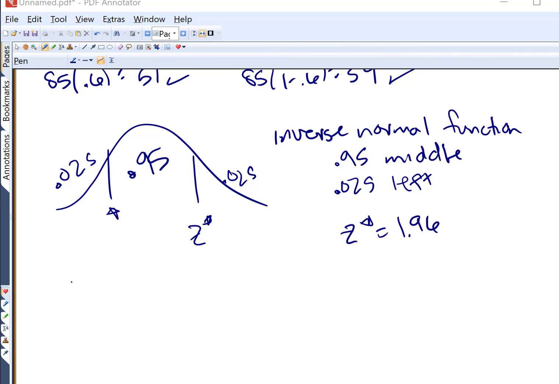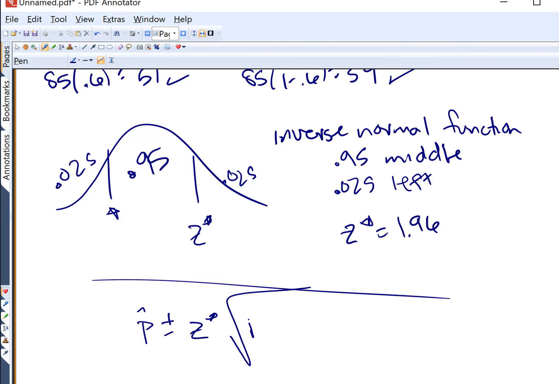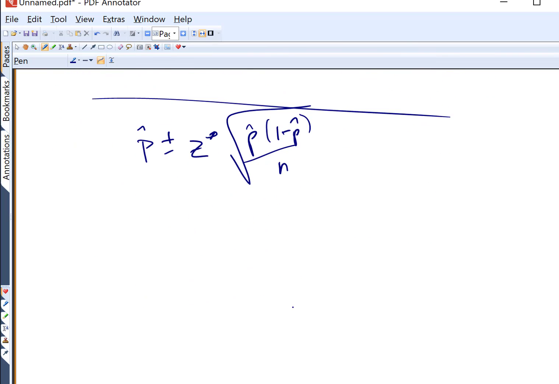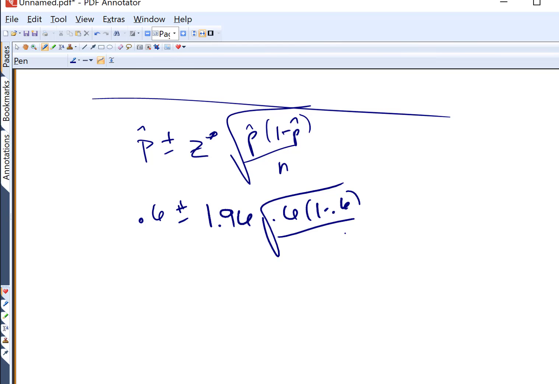Now we can plug it into our formula, which is p hat plus or minus z star times the square root of p hat times 1 minus p hat over n. So we have 0.6 plus or minus our z star, which is 1.96, times the square root of 0.6 times 1 minus 0.6 over n, which is 85.